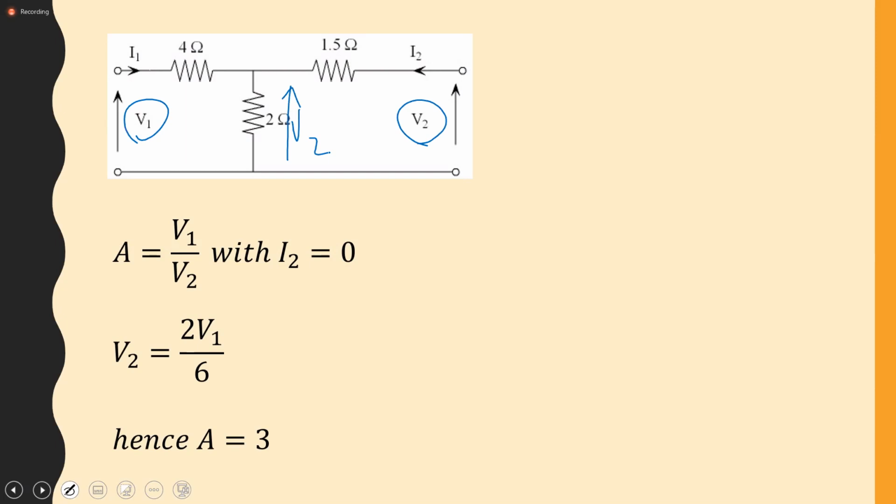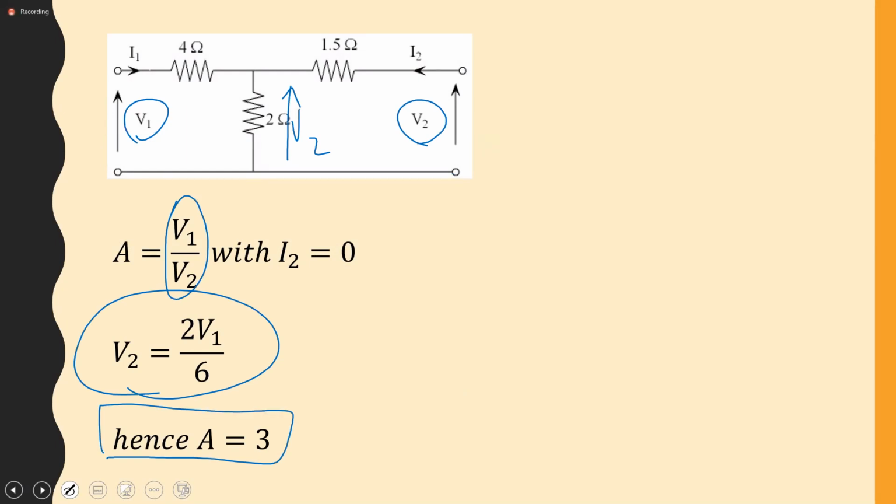So V2 is equal to 2V1 over 6. What we are interested in is V1 over V2, which would be 6 over 2, which is equal to 3. So A is equal to 3.